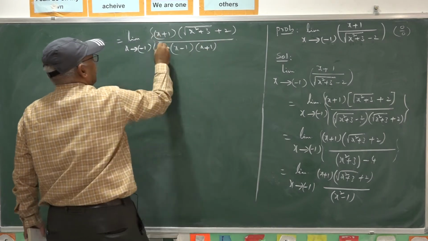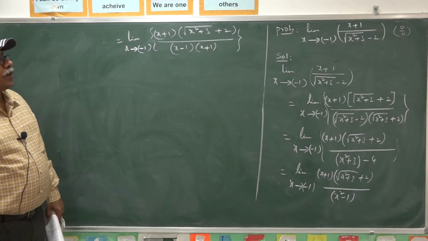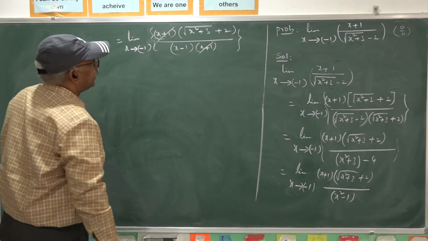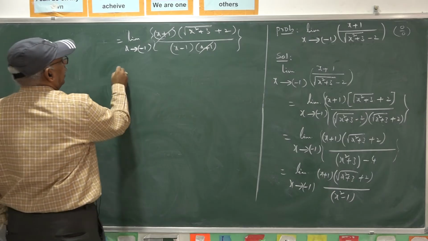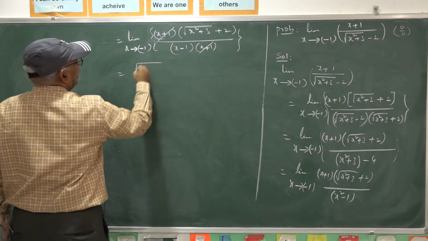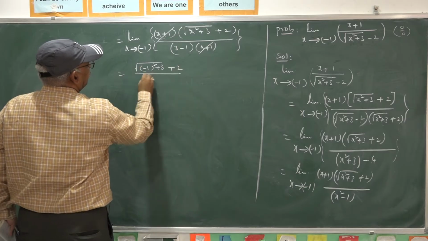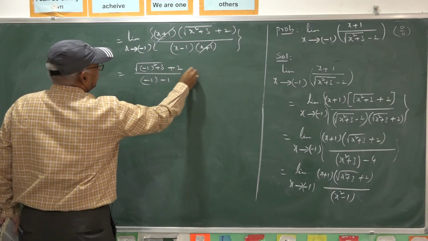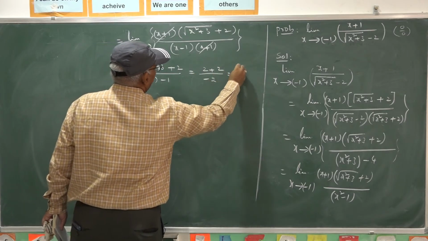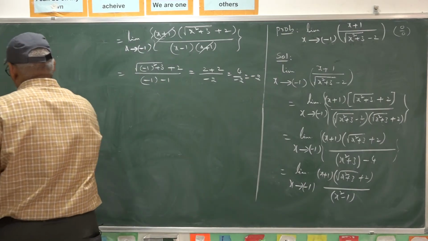Since there is a common factor in the numerator and denominator, you remove that common factor, x plus 1, and it gets cancelled. Now by direct substitution, the required limit takes the value root of minus 1 square plus 3 plus 2 by minus 1 minus 1, which is 4 under root, 2 plus 2 by minus 2, that is 4 by minus 2, which gives us minus 2. The required limit is minus 2.